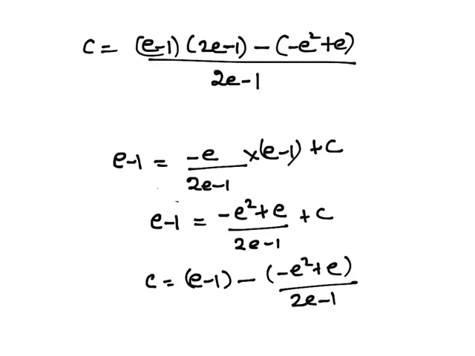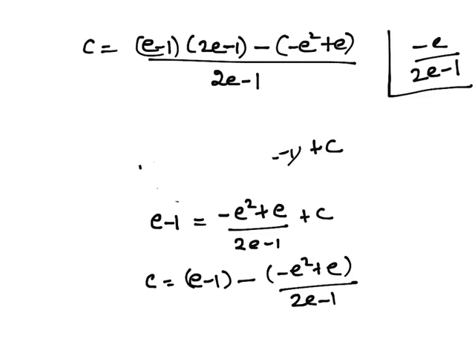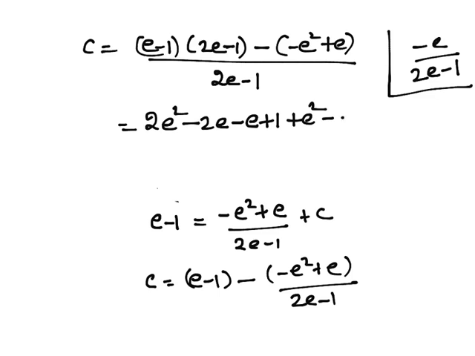Okay, let me write the slope of the normal here maybe, which is slope of the normal is minus e by 2e minus 1. Okay, so let me open the bracket. I will get 2e squared minus 2e minus e plus 1 plus e squared minus e, upon 2e minus 1.